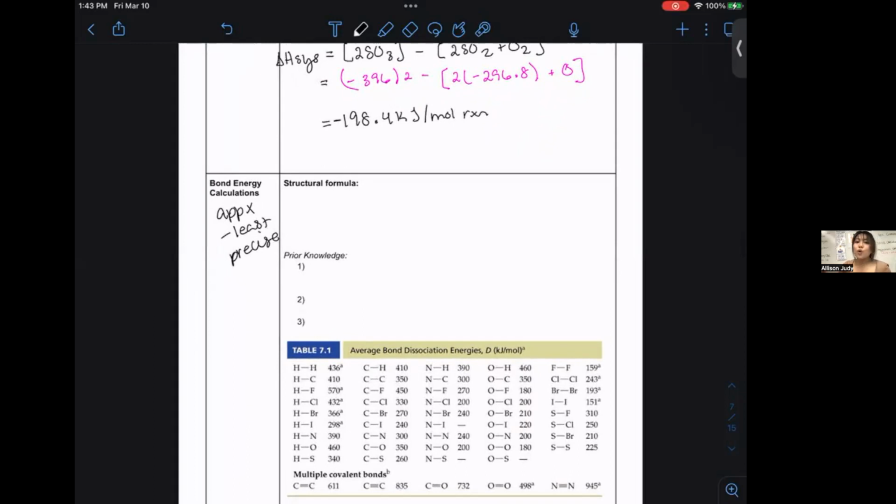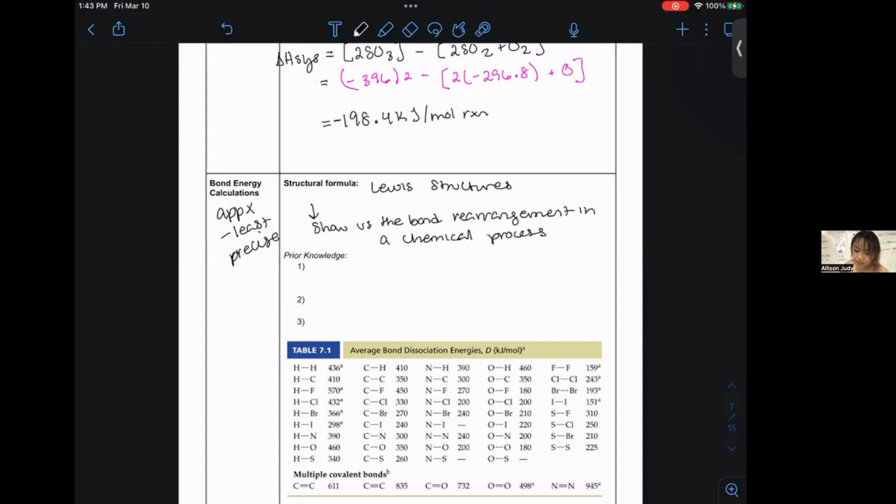So what we depend on is the structural formula, i.e. your Lewis structures. The structural formulas show us the bonds broken versus bonds formed, or the bond rearrangement in a chemical reaction or a chemical process.